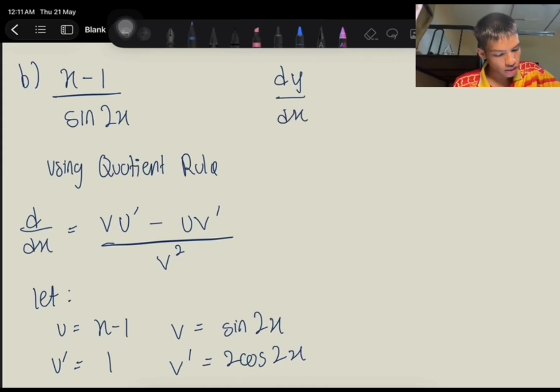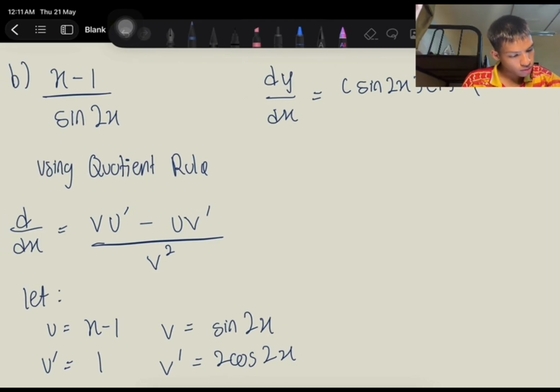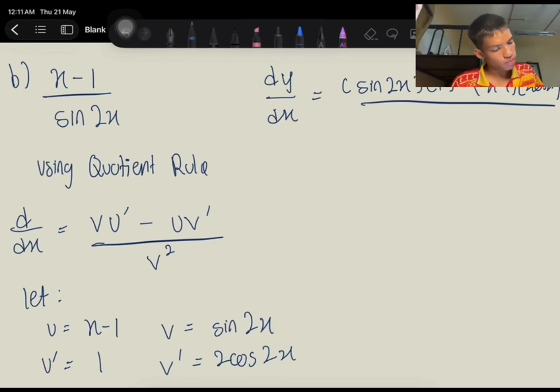dy/dx equals to sine 2x times 1 minus (x minus 1) times 2 cos 2x, over sine 2x squared.